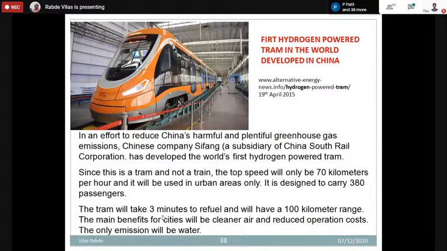Though it is not a train, it is a tram, and it takes 3 minutes to refuel, that is discharge, and will have a 100 kilometer range. The main benefit for cities will be cleaner air and reduced operation cost. The only emission will be water. Because of this hydrogen, from the silencer only water comes out, so no pollution.